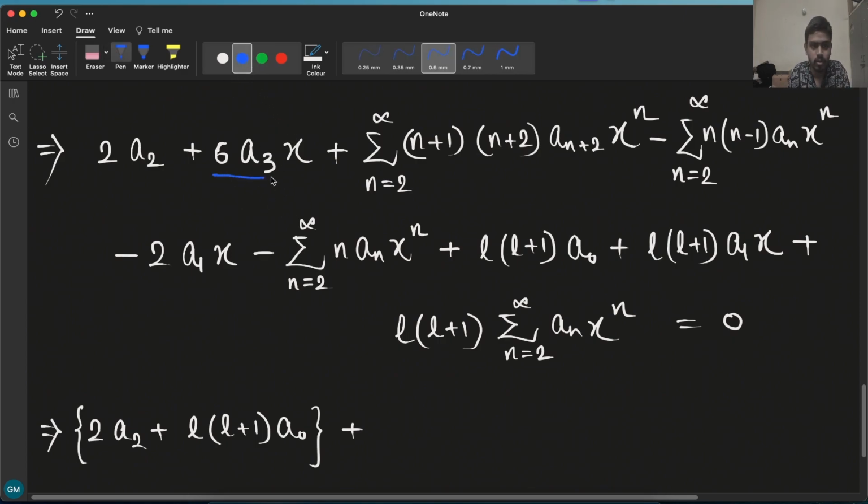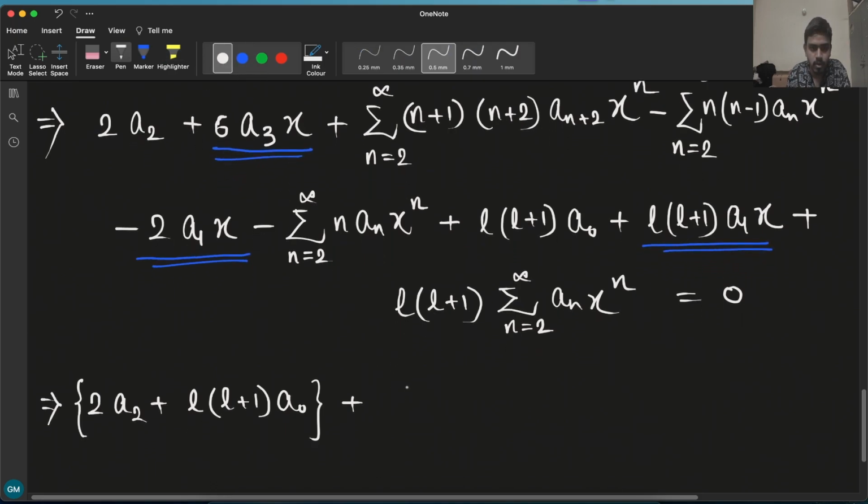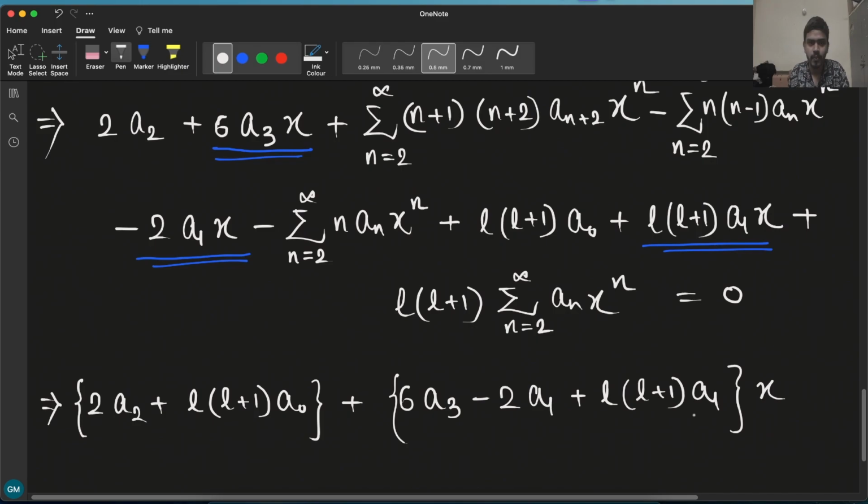So this is one such term, then this is another, and this is another. If I write them together, it is 6a3 minus 2a1 plus L into L plus 1 a1, times x.